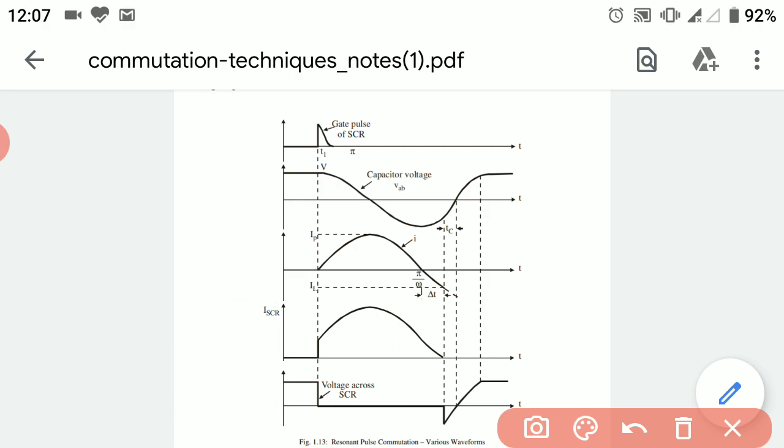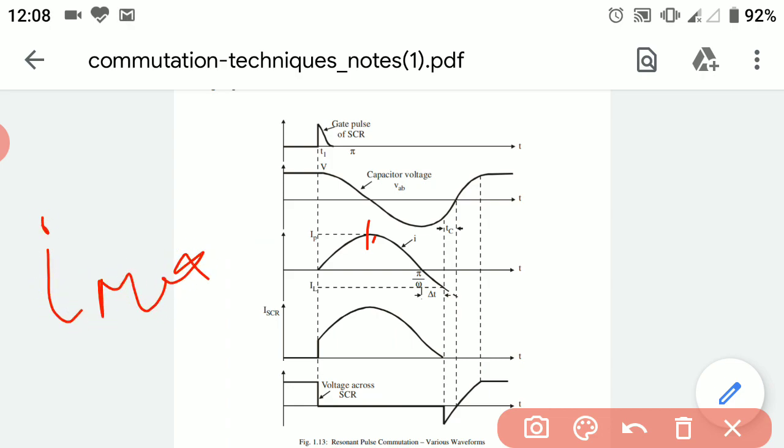First of all, we will discuss the current through the LC circuit. As we have discussed, the current through the LC circuit first increases and attains its maximum value. Here its maximum value is I max.